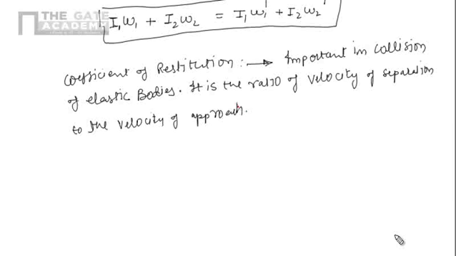The coefficient of restitution is the ratio of the velocity of separation to the velocity of approach. It is denoted by e.